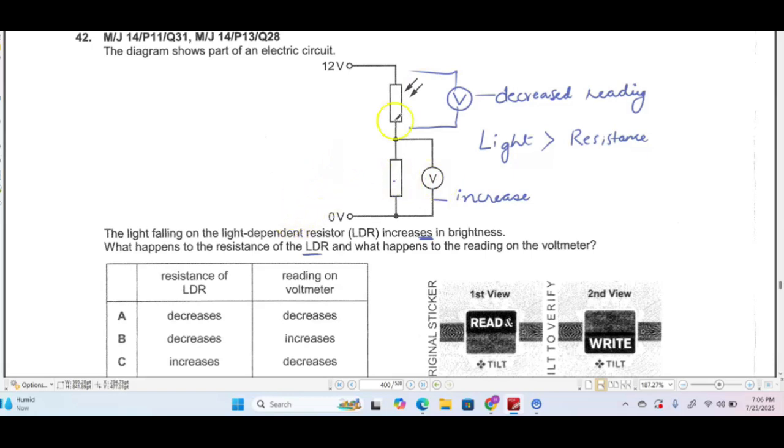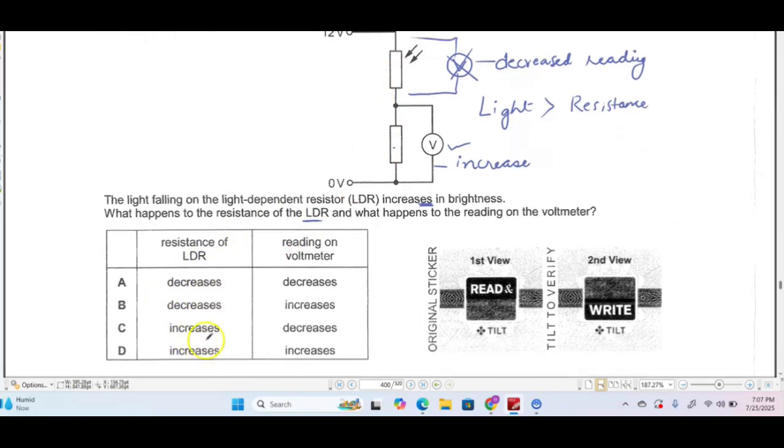If it was here, we would say that the voltmeter reading has decreased as well because of the decrease in resistance. But we don't have to tell about this voltmeter, we have to tell the answer according to this. So the resistance of the LDR has to decrease.